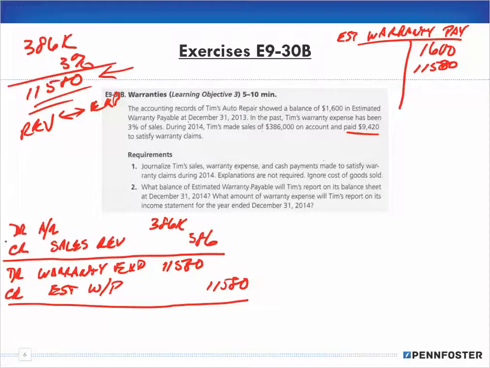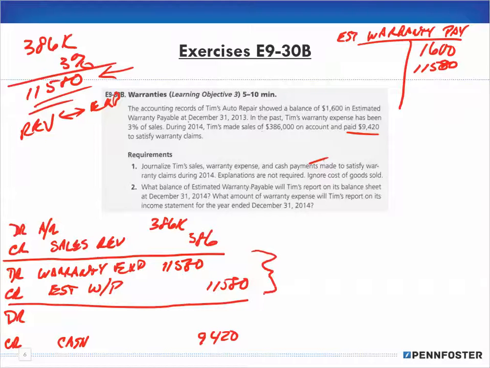So my entry for the cash payments to satisfy the warranty will be a credit to my cash for the $94.20, and a debit. We're not putting that debit against the warranty expense, right?